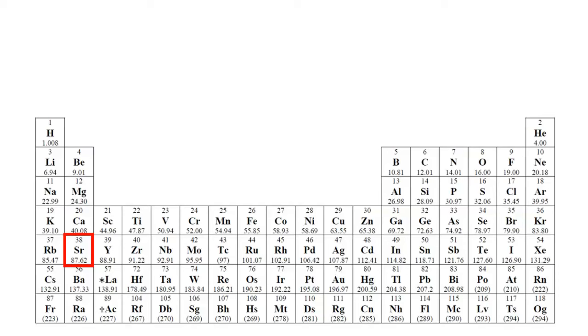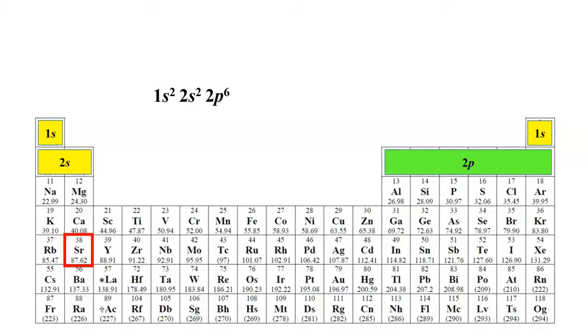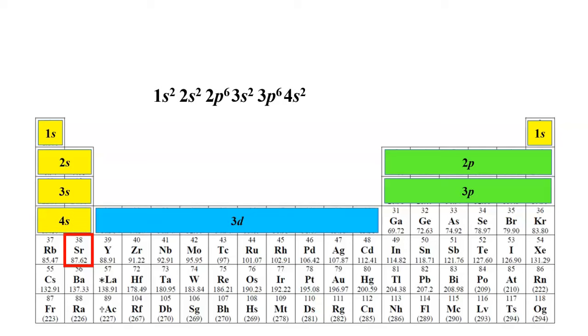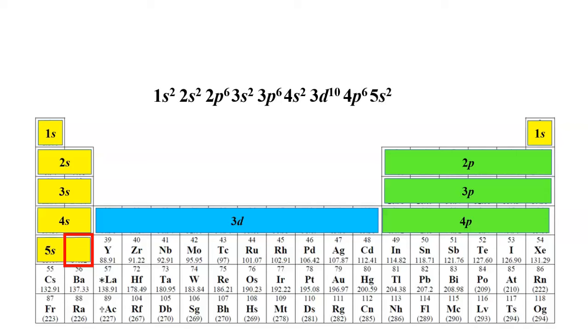So for strontium, it would be 1s2, 2s2, 2p6, 3s2, 3p6, and now in period 4, that would be 4s2, followed by 3d10, and then 4p6. And then the last part of strontium's electron configuration would be 5s2. So that is the complete electron configuration for strontium.